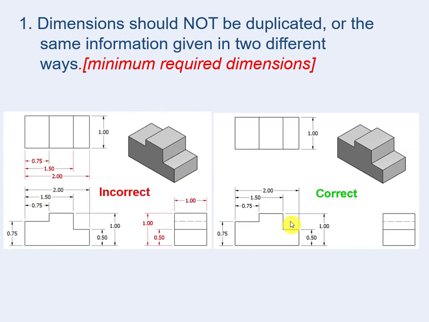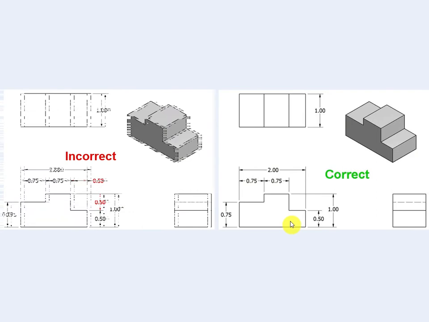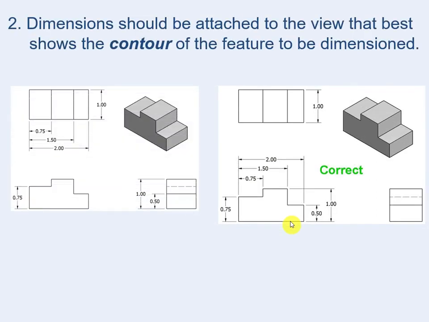Rule number 2. Dimensions should be attached to the view that best shows the contour of the feature to be dimensioned. As an example, you can see the front view is the view where the contour can be seen clearly. In this example, this dimension and this length are given on the top view, and the top view can't show the contour of these surfaces.